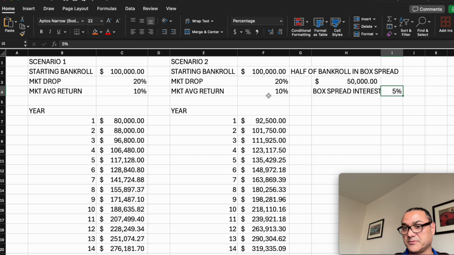Oh, and by the way, in subsequent years after year 1, we're just going to assume an average market return of 10% per annum. Anyway, year 1, look at what happens in scenario 2 when half of the money is allocated to a box spread. You end up with 92,500, which is 12,500 more than scenario 1, in which all 100,000 of it was allocated to various stocks.